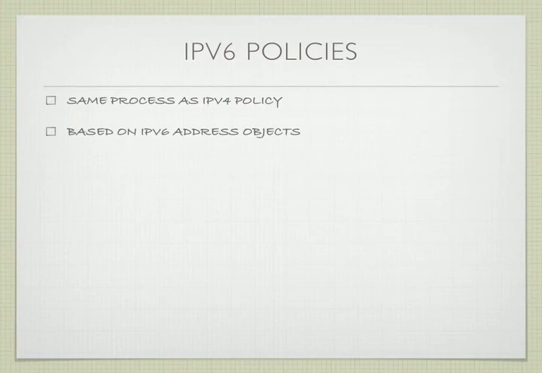So you're going to create your IPv6 address objects as you need to control the traffic based on those addresses. You are permitted to mix IPv4 and IPv6 address objects in the same policy. So you can use either or both.